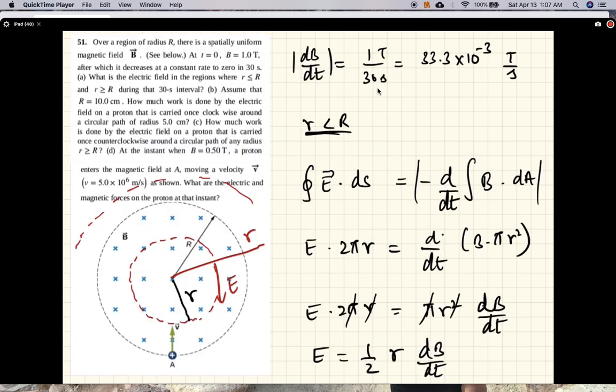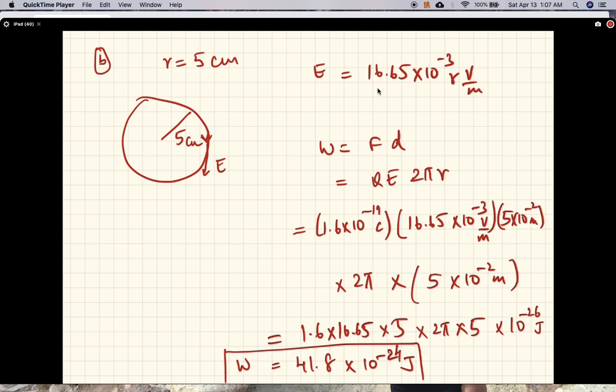So this is part C. R is greater than R, and you're moving counterclockwise.